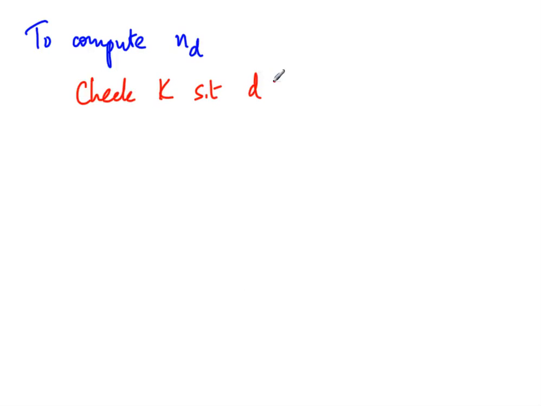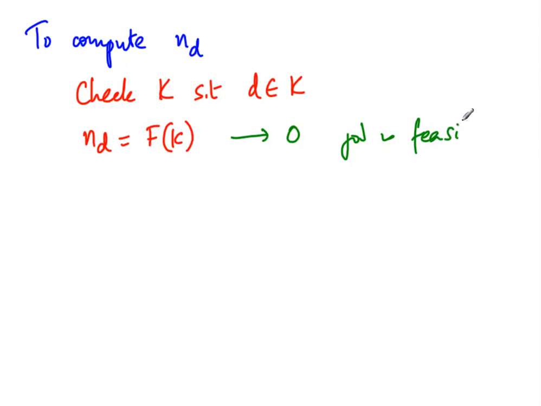So what we do to compute N_d is the first free slot which is available to the left of the deadline d. We check K such that d belongs to K, and N_d should actually be equal to f of K. Now if this N_d value is 0, this means that this job is infeasible. That is, there is no free slot to the left.